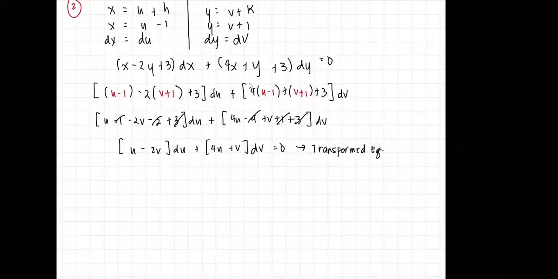So pag may transform equation na tayo, since homogeneous na siya, pwede na tayong mag-substitute.